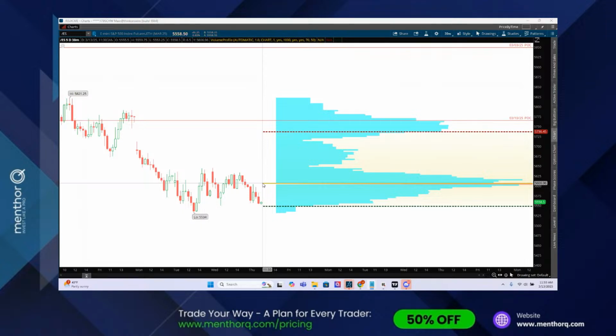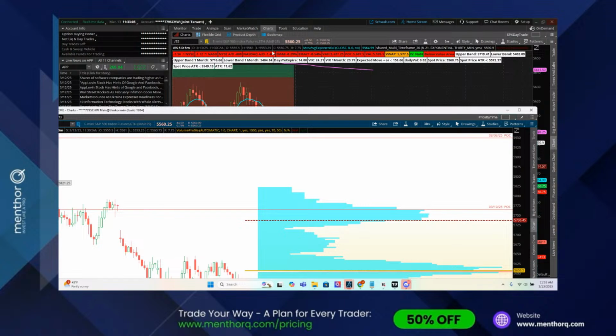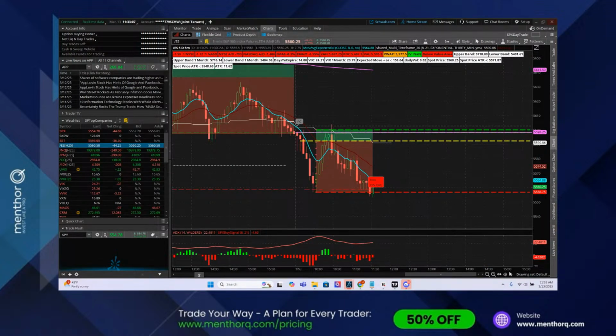One of the other things I'll look at is the VIX. If we look at the VIX, we can see that the VIX is really flat. The S&P is down really 40 or 50 points today, but the VIX is basically flat. So it basically says to me that sellers are kind of running out of bullets right now.